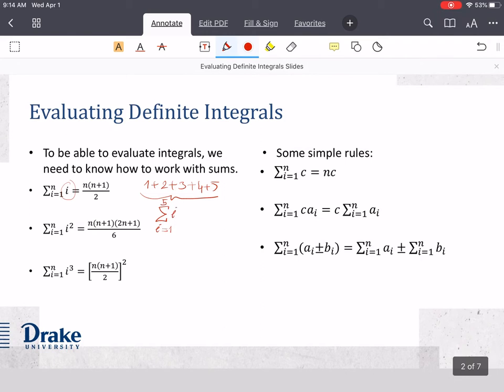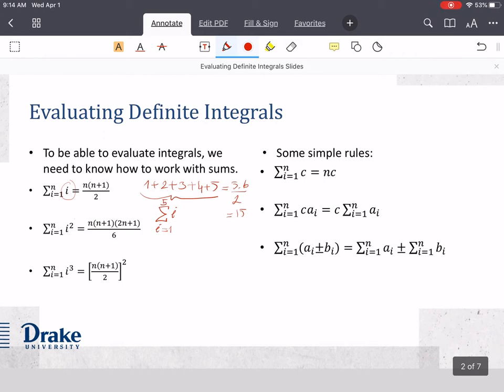So it's telling you to calculate the sum of the first 5 terms, which could be easily computed as 5 times 6 over 2, because it's n times (n plus 1) over 2, which is 15. So you can calculate any summation using this formula.